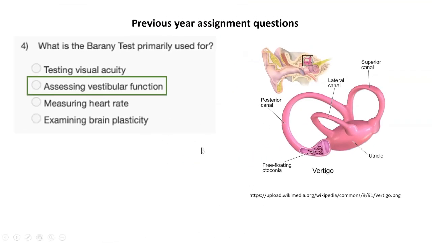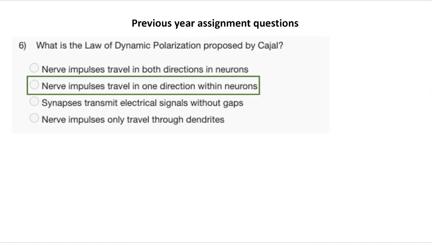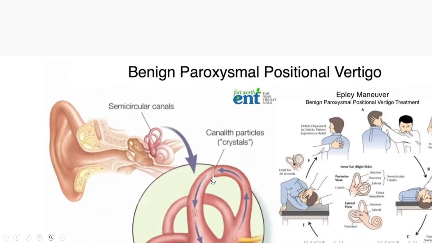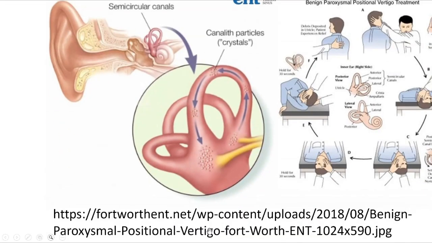So Barany also discovered a form of vertigo called benign paroxysmal positional vertigo, or BPPV, which is characterized by the presence of these calcium crystals in the semicircular canals, which get displaced from the utricle and enter these canals.